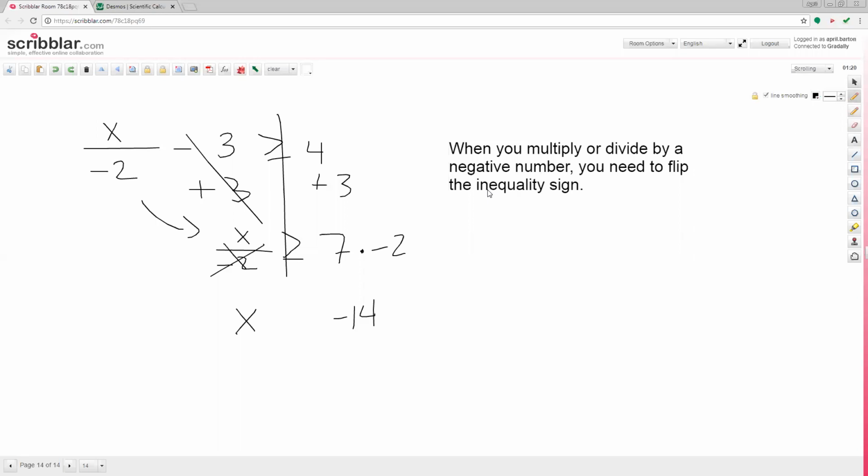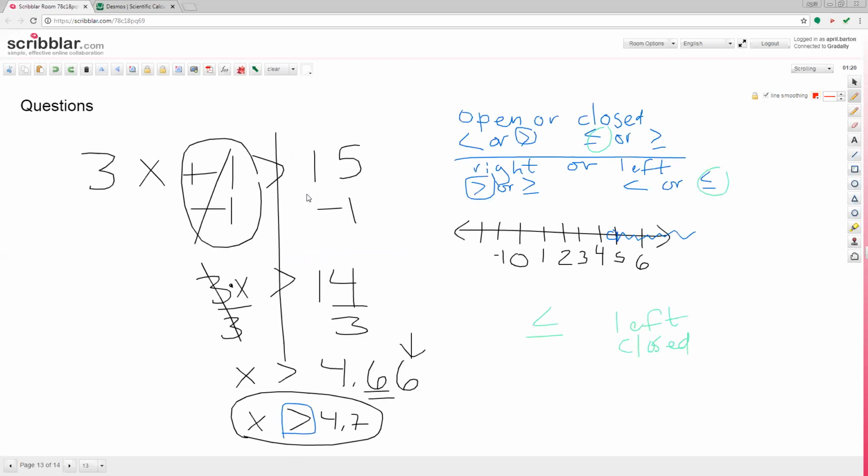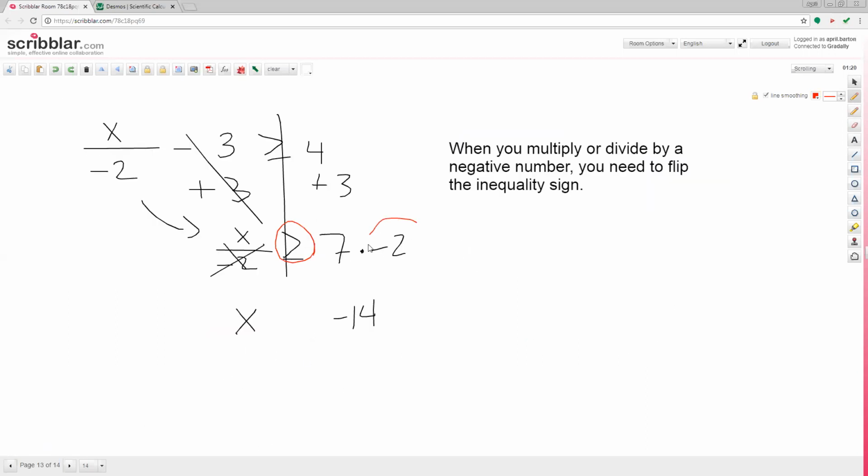Okay, so 3x minus 5. Is that what we just did? No. We did 3x plus 1 greater than 15. We did that, but this one we divided by a positive 3. So this weird rule didn't ever come into play. Okay. But this time we multiplied by a negative 2. We actually have to change this now to be less than or equal to negative 14 for our answer to be correct.